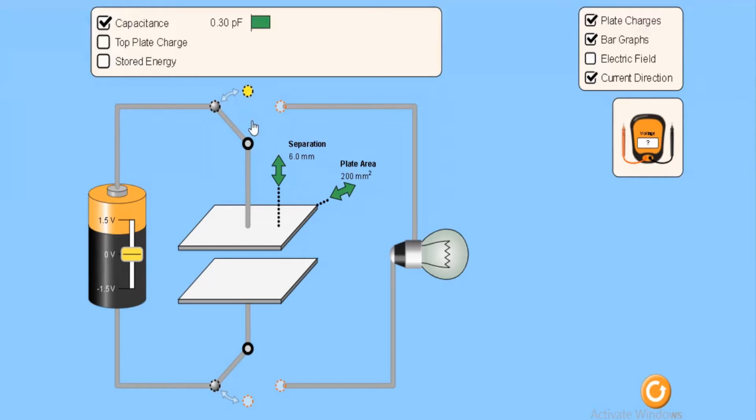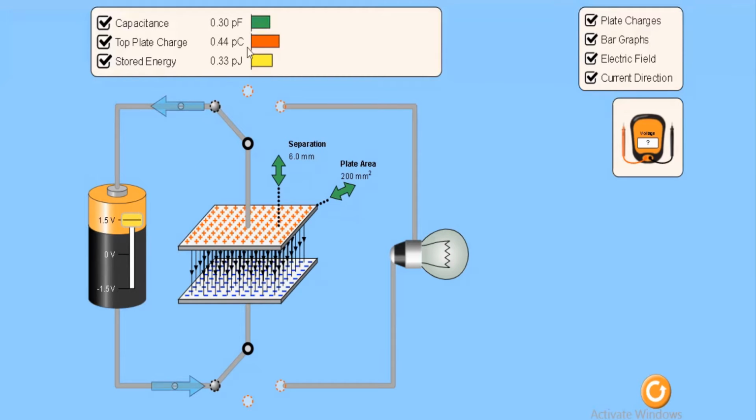Now, let's check kung gaano yung capacitance na na-store. Kung 1.5, then yan. So, naka-stored siya ng energy na 0.33 picojoule.